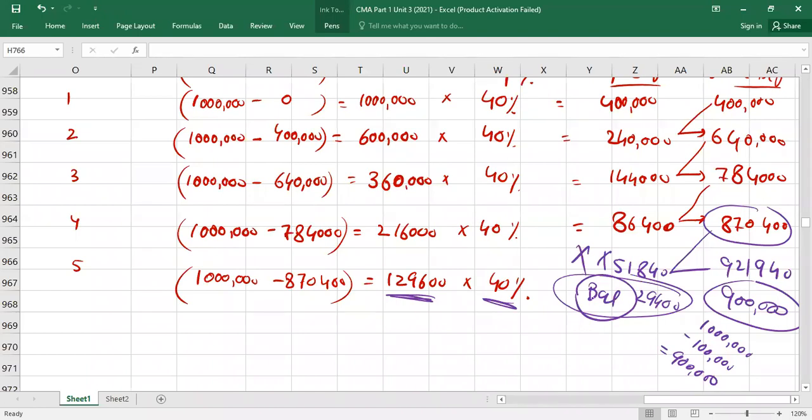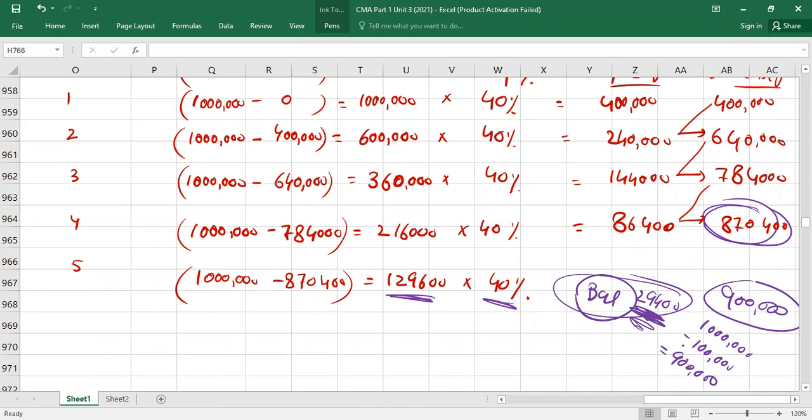Depreciable base less accumulated depreciation of the previous year. Depreciable base is 900,000 and accumulated depreciation of the previous year is 870,400. So this is the balance which I can claim. I have to remove these values. I cannot claim 51,000 and something. Clear? Got it?